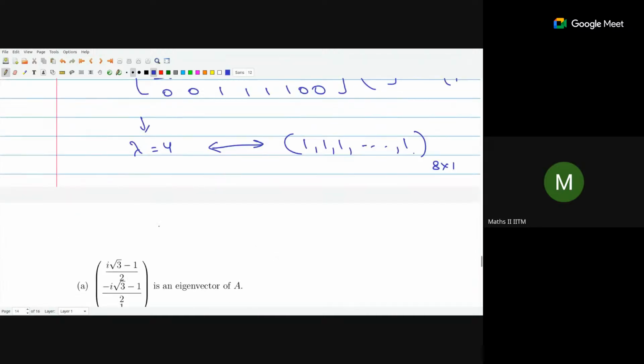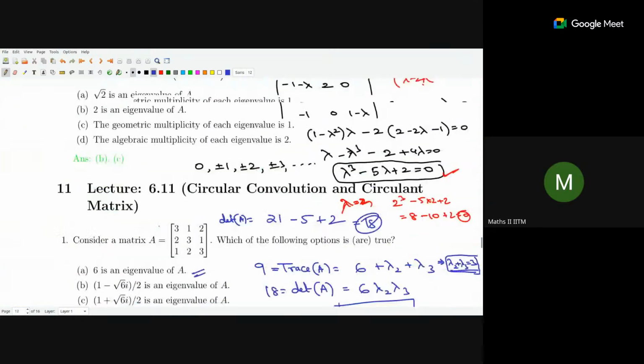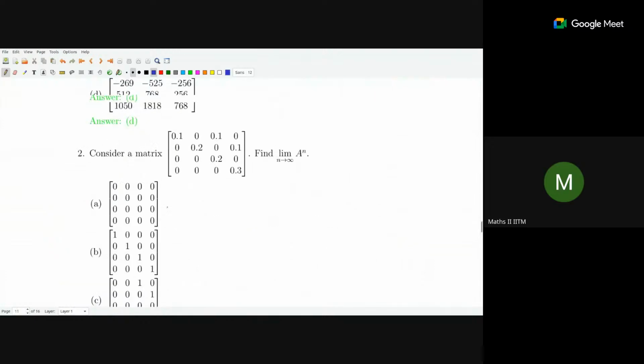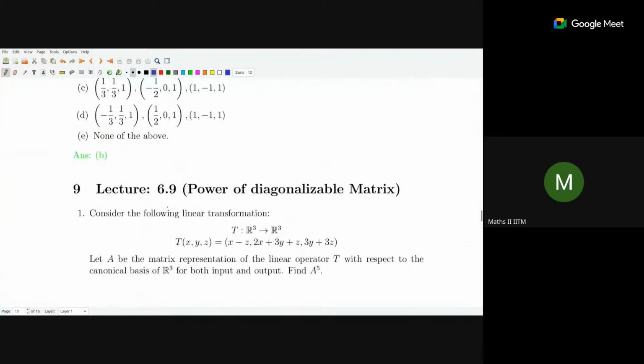And if we go slightly backwards, I think 6.10 is about just the upper triangularization and powers of diagonalizable matrices. This you would have seen in R2 space, right? So you have a matrix A. If you want to diagonalize it, you have to write it in the form of some S inverse times D times S, where this D is the diagonal matrix and S is made up of the eigenvectors of the corresponding eigenvalues.